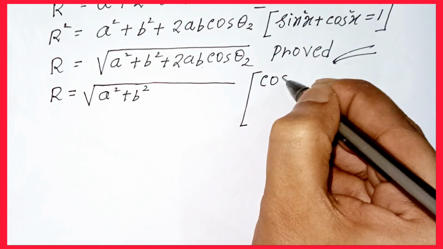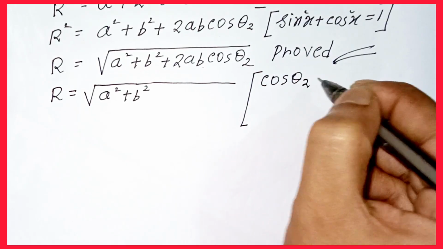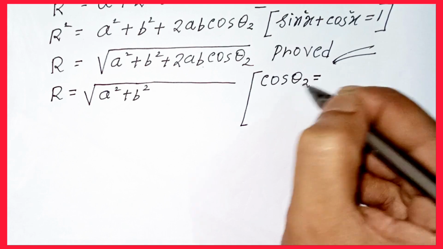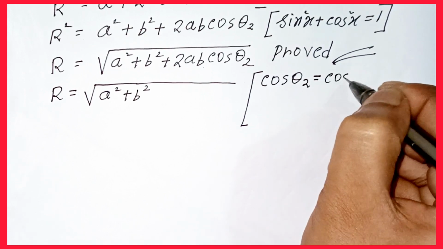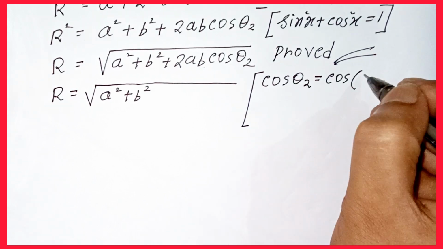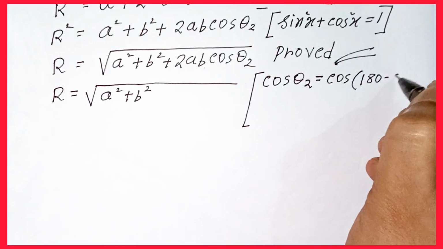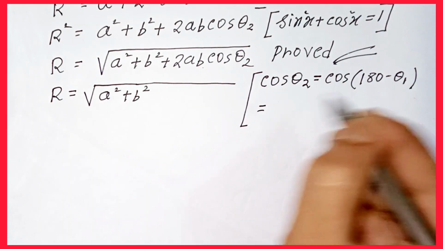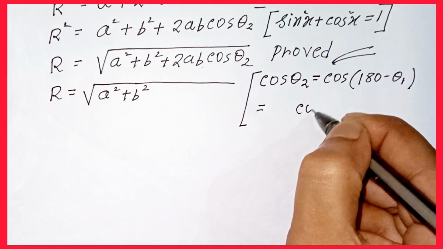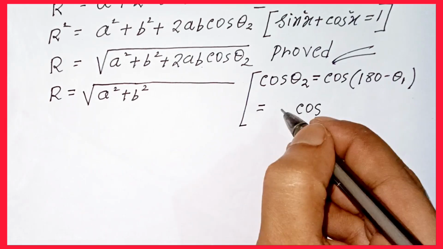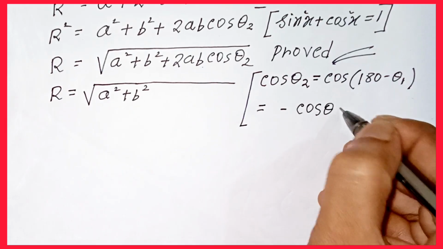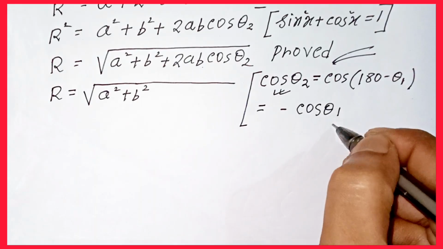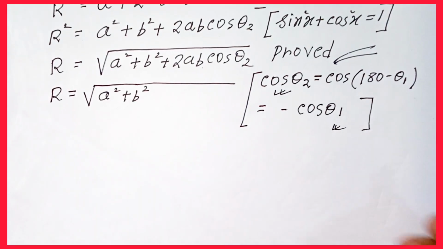Cos theta 2 equal to, theta 2 means what? You can say 180 minus theta 1. 180 means 2 into 90, so cos does not change into sin, cos remains cos, but 180 minus, so this is the second quadrant, where cos is negative.